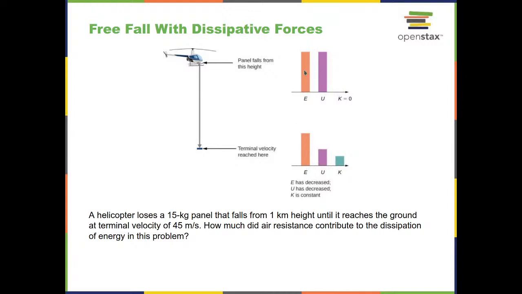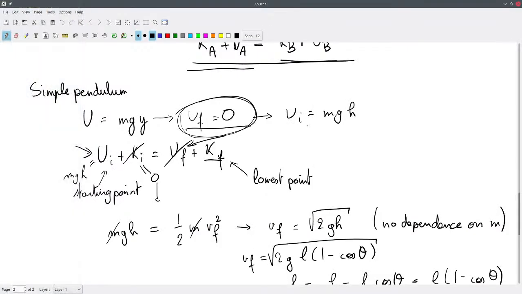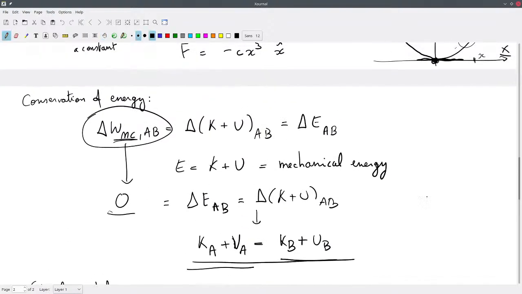And the difference between the total mechanical energy is the amount of work that the non-conserving forces have done. So if we go back to this expression here, the difference in the total mechanical energy between A and B is the work done by non-conserving forces to go from A to B.